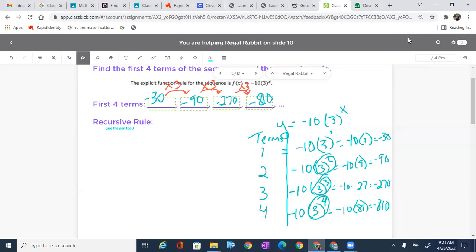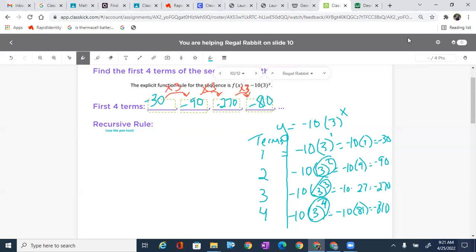Now, let's go ahead and write our recursive rule. So we would start by saying, well, what was our first term? Our first term is a sub 1, and that is equal to negative 30. And then we would say a sub n, which is our next term value, equals a sub n minus 1, which is essentially the value of the term we have now.